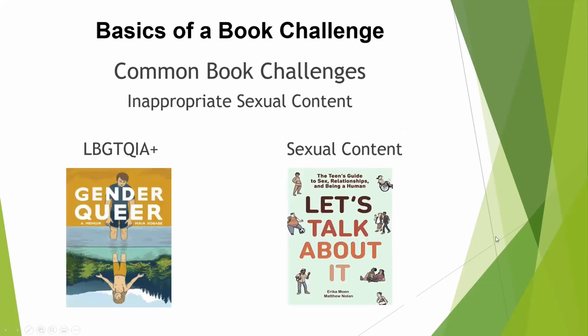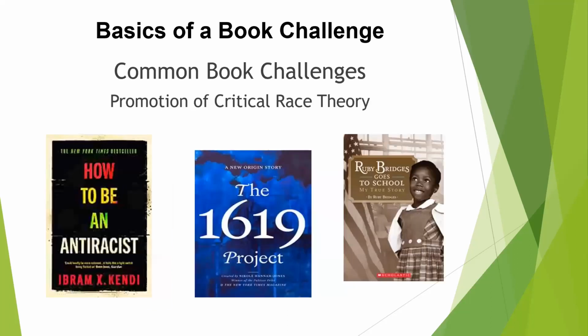Now, common book challenges include inappropriate sexual content. Some are targeting the LGBTQIA+ community, such as Genderqueer. I'm sure we've probably all heard about Let's Talk About It. Some are really challenging books on sexual content. A common theme in book challenges is the so-called promotion of critical race theory.